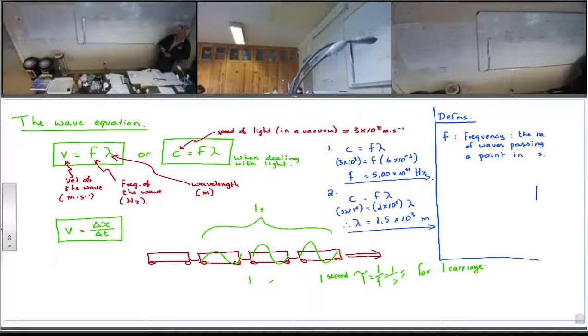Frequency is the number of waves, the number of carriages passing a point in 1 second. Tau is the period of the wave. And what is that? The time taken for one complete wave to pass a point.